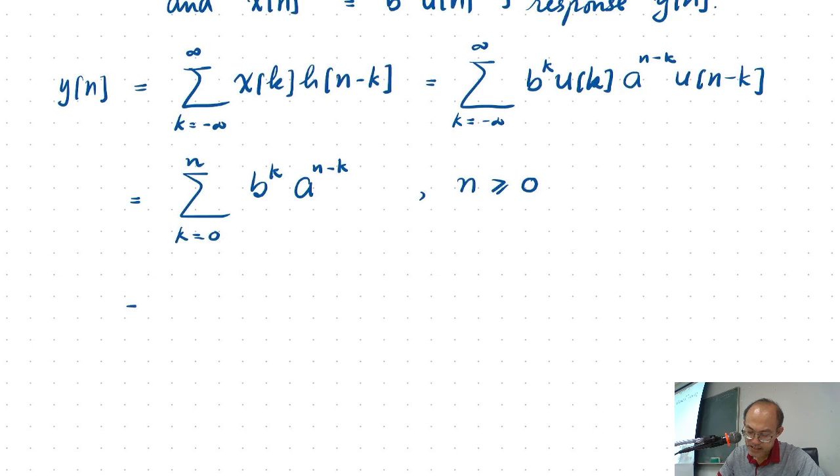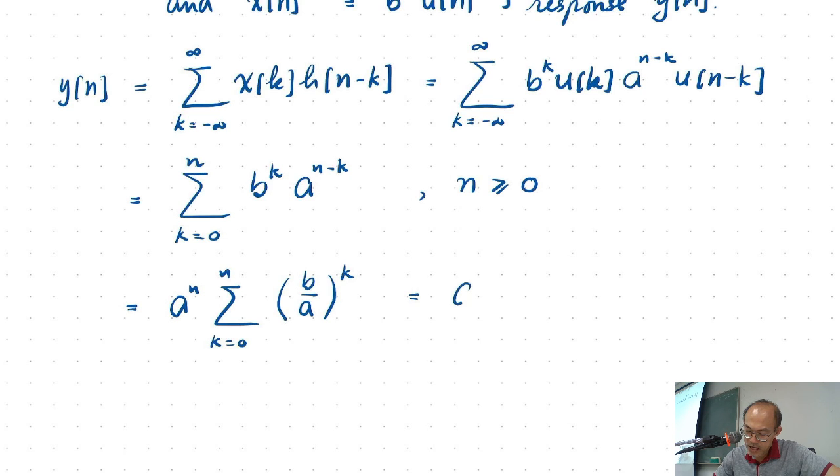And then I can take a to the n out of the summation, and I have this b over a to the k. Okay, and the rest is just a repeat of the previous one, right? This is a geometric sum again.